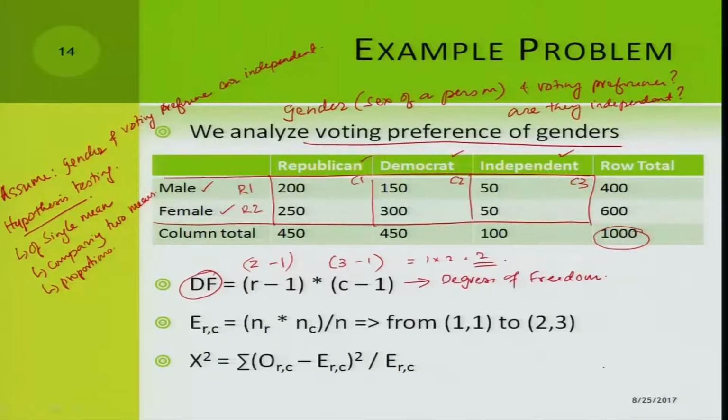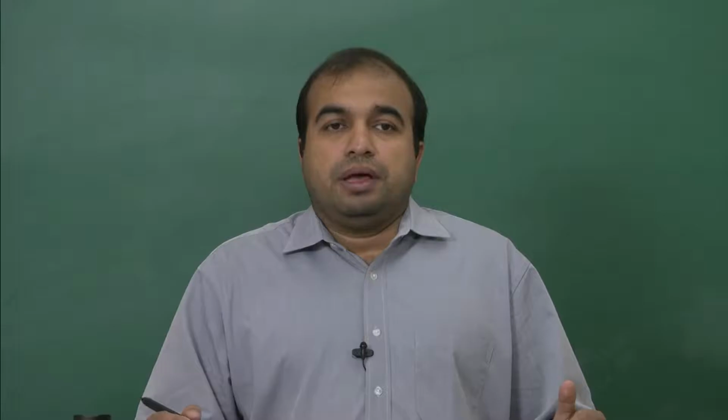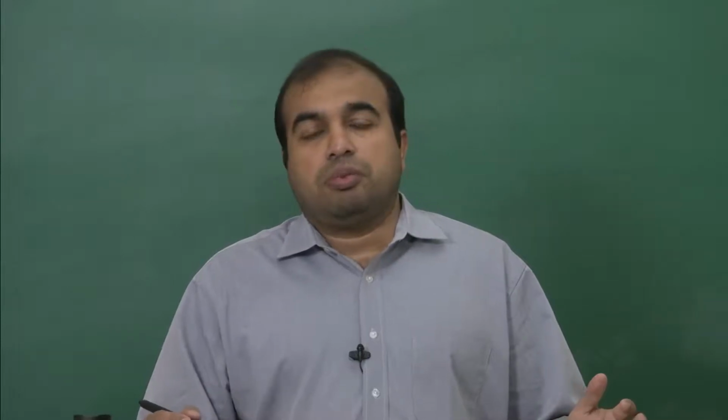A lot of people have questions about what degrees of freedom is. Textbooks explain this very well. One simple way to look at it is as the number of data points in a data set that can be independently determined.